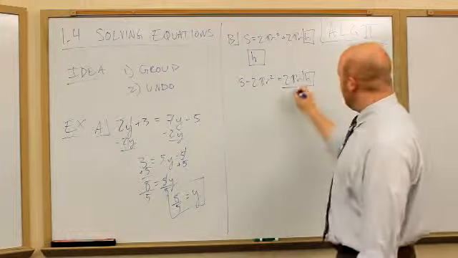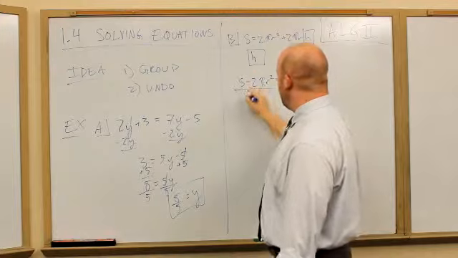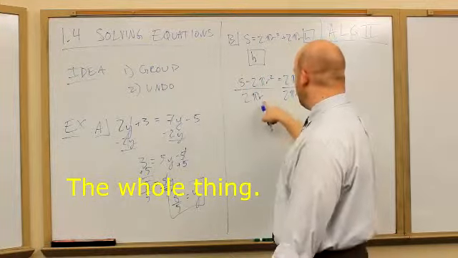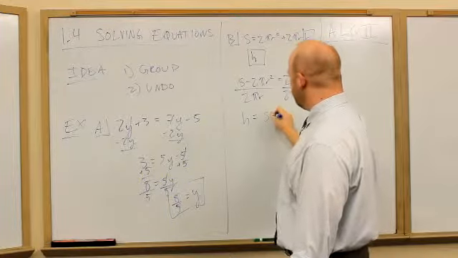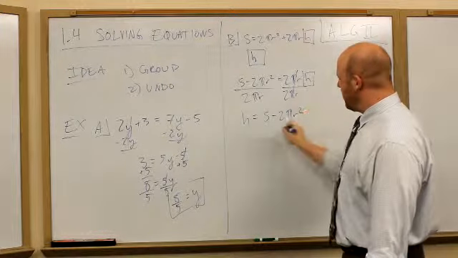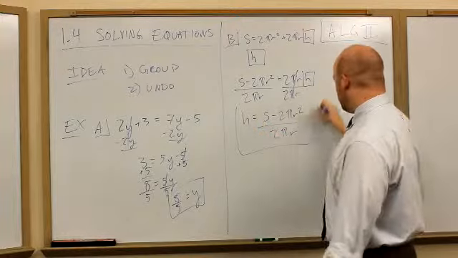Let's divide by 2 pi r. Divide the whole thing by 2 pi r. And we're done. I've got h equals s minus 2 pi r squared over 2 pi r. Call it a day.